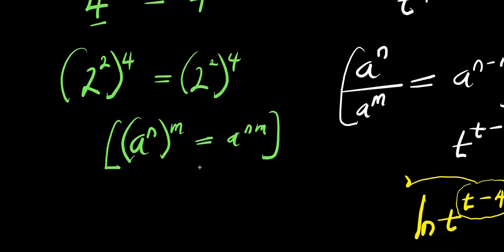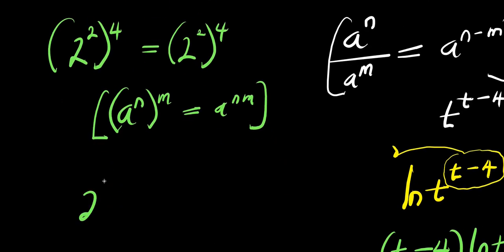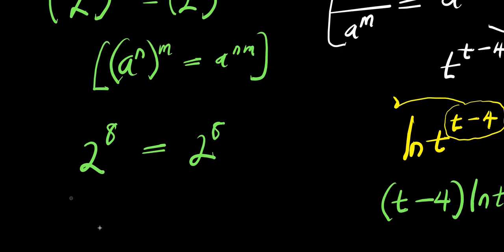So this will simply give us 2 power 2 times 4, that is 2 power 8, equals 2 power 2 times 4, that is 2 power 8. And 2 power 8 is 256. So we have 256 equals 256.